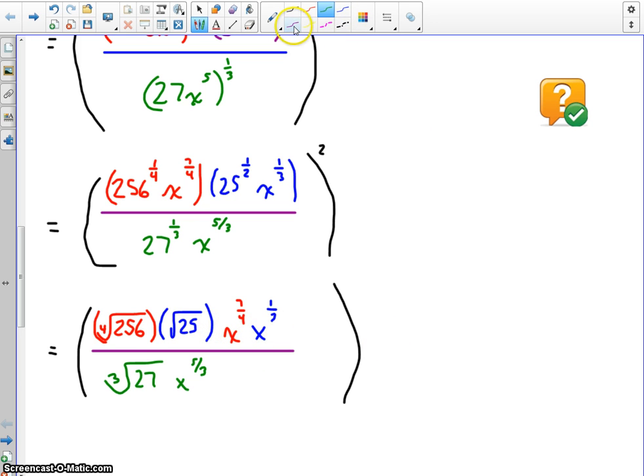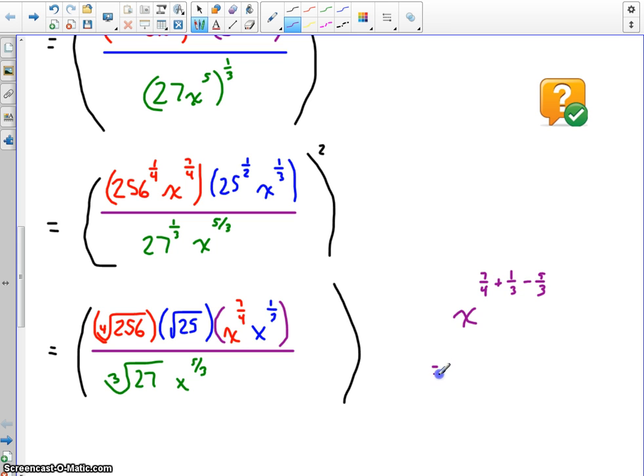So off to the side here, just to remind myself here that for my x variables, this is going to be the same thing as x to the exponent of 7/4 plus 1/3 minus 5/3. Okay, so again, just to recap here, I'm multiplying these two x powers together. Okay, so I'm adding the exponents, and then here I can subtract the exponent of 5/3 because I'm now dividing by that.